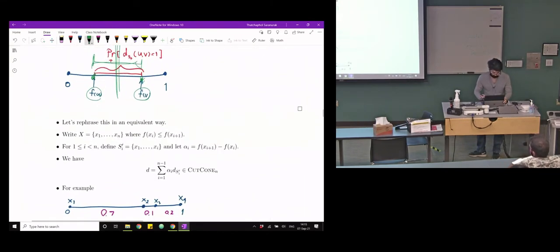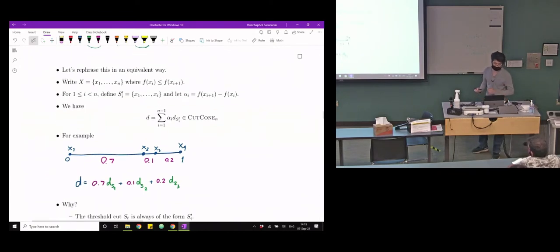Let's rephrase this in an equivalent way. Given x, I arrange the points in this way: put the first one first, the next one second, the third next, sorting them in a line.